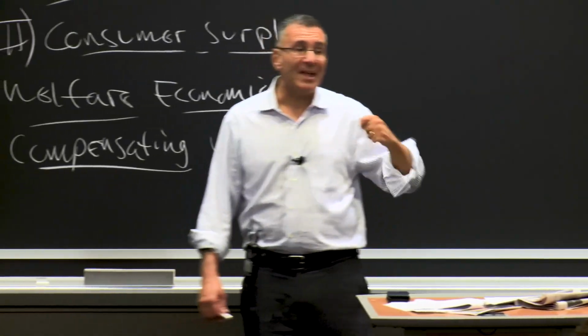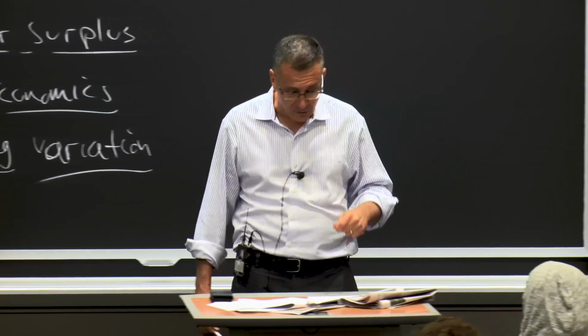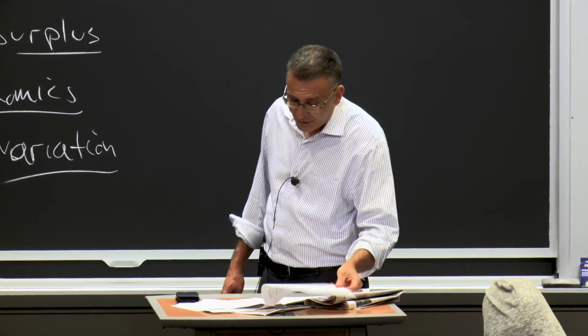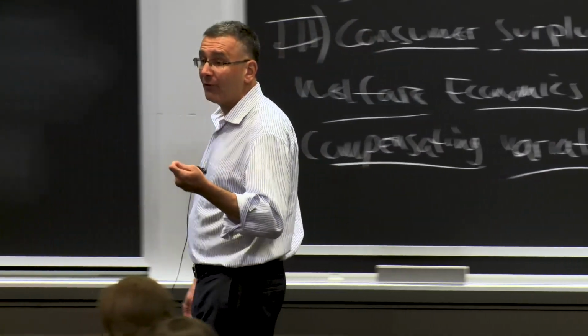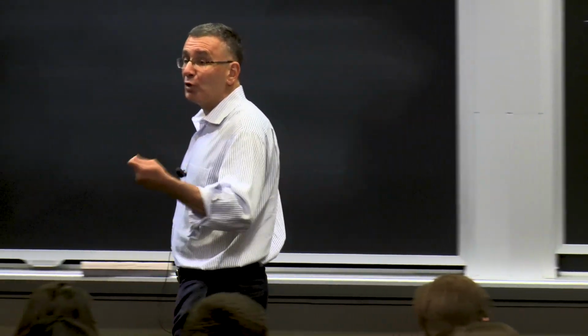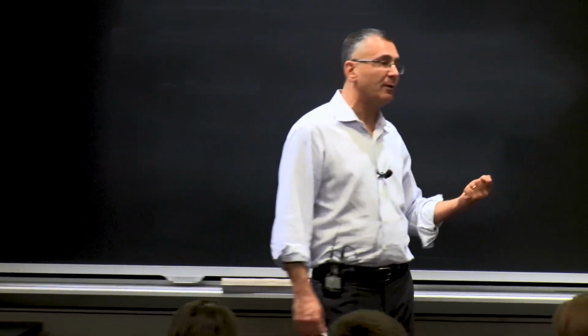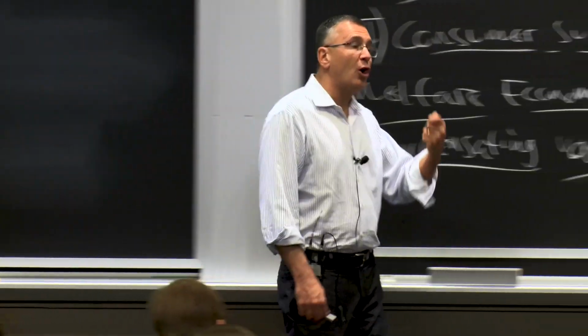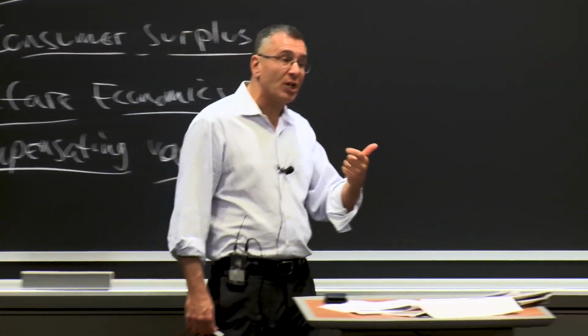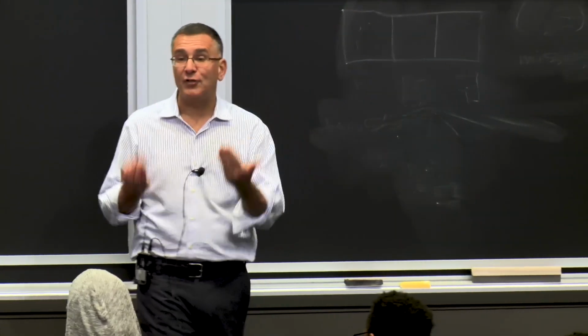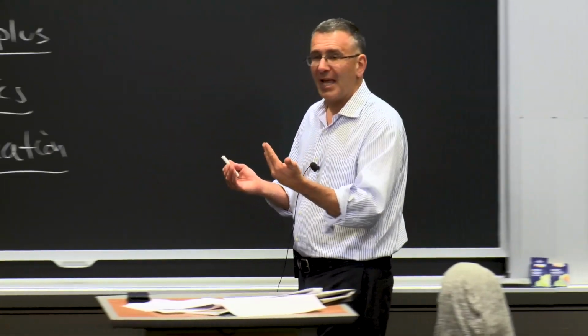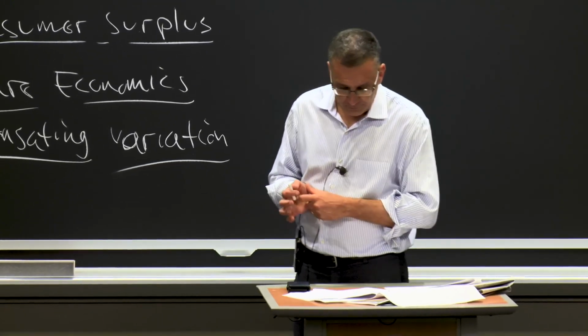I can basically measure those things by asking you how much you would pay to be better off, or how much you would be willing to pay not to be worse off. And those are what we call the compensating variation. We measure your well-being by the money equivalent that you give us in expressing your preferences.